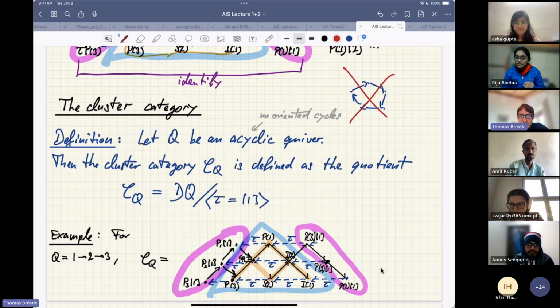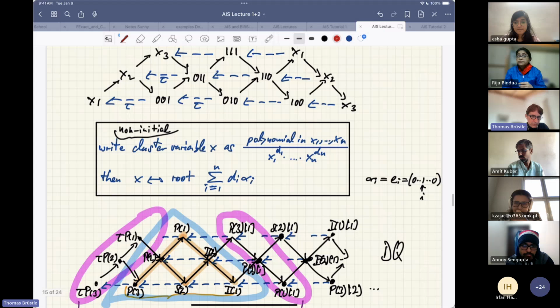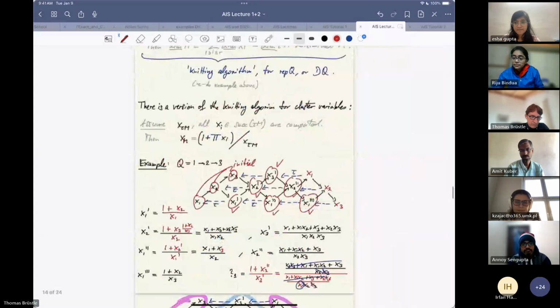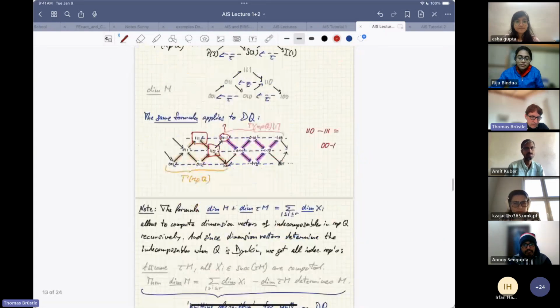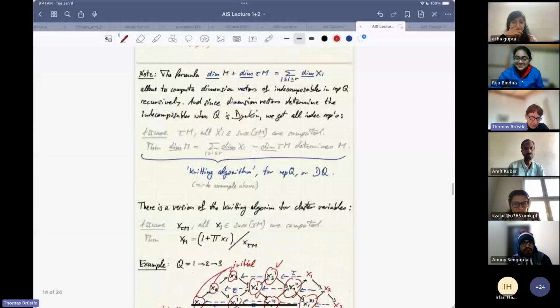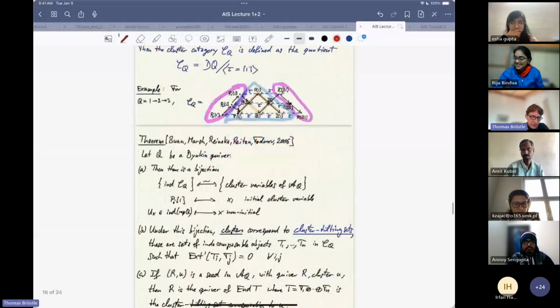And the second question: the knitting algorithm for cluster variables is not special for type A. I can do it always. Did we do type D somewhere?